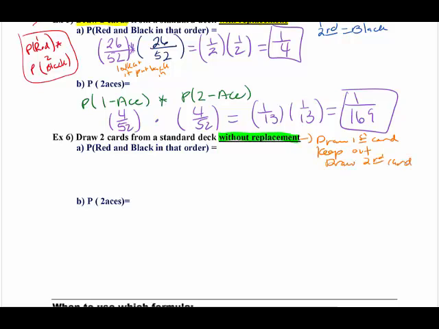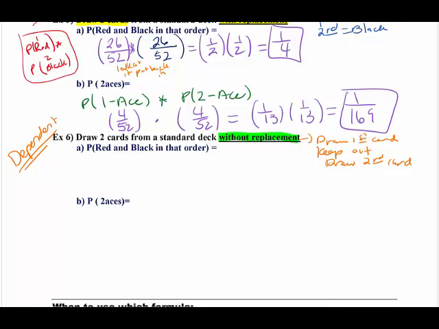So what I have written there in orange, because I know it's not easy to read, draw the first card, keep it out, draw the second card. So the first pick affects your second pick. These are not independent. This is a dependent case.